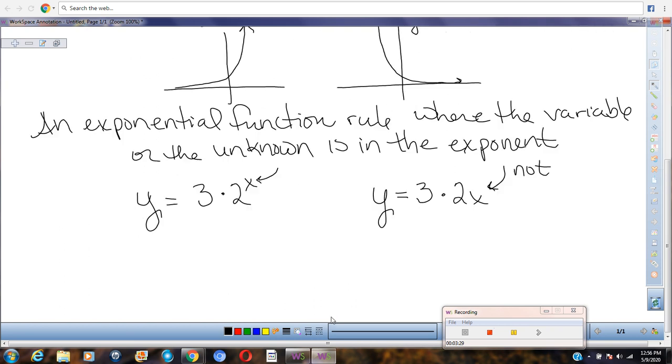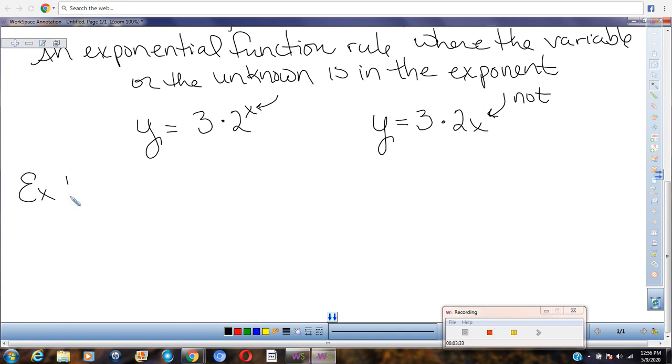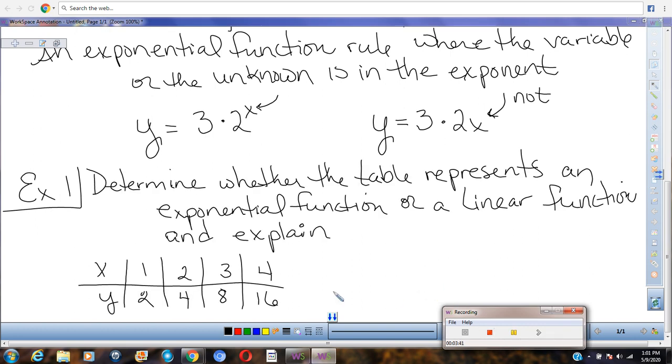Let's try an example. Let's figure out how to determine if something is exponential. We're going to begin by looking at a table, and we want to determine from this table whether it's an exponential function, which will grow slowly at first and then faster, or whether it's a linear function. I want to remind you, a linear function grows at a constant rate, and it would make a line.